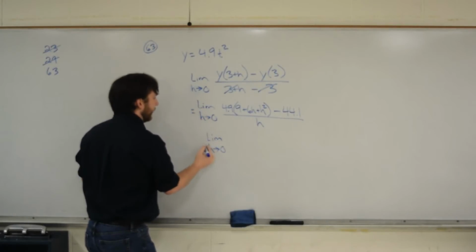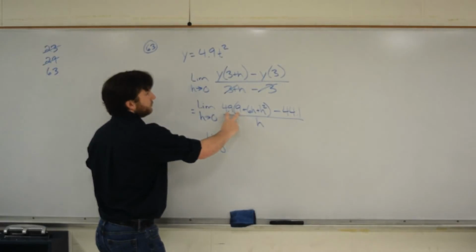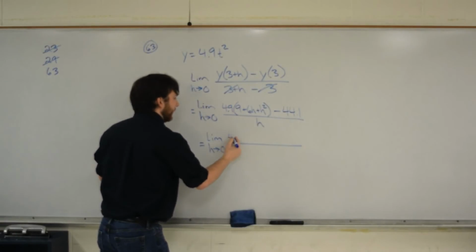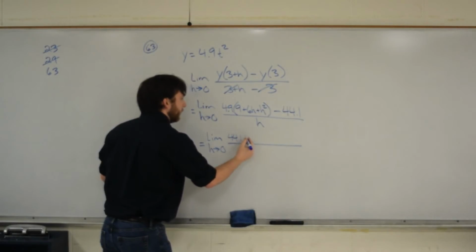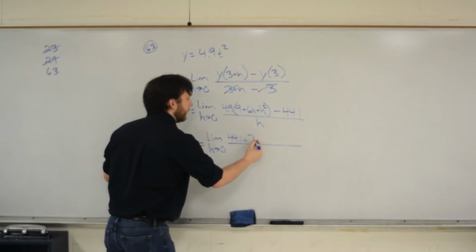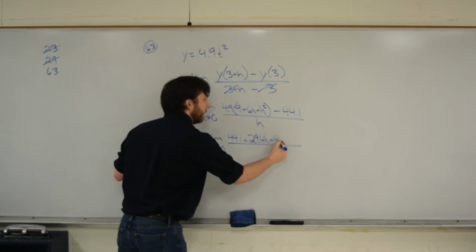Need to distribute a 4.9. Let's see, 44.1, no surprise there, same number as that. That'll cancel out. Let's see, 29.4, I think. I should have done this beforehand so that I would know.